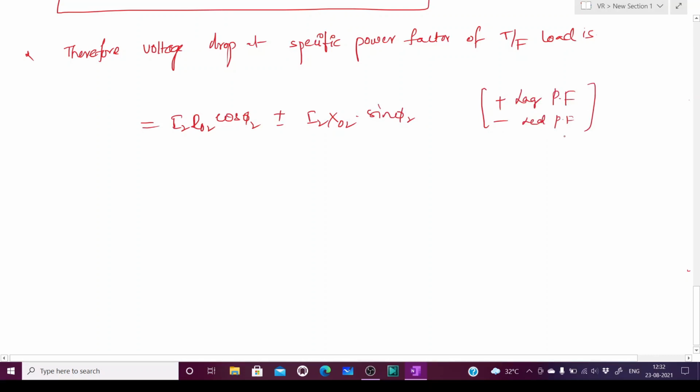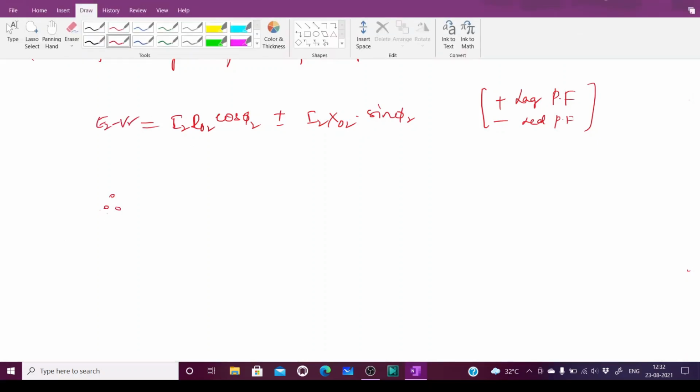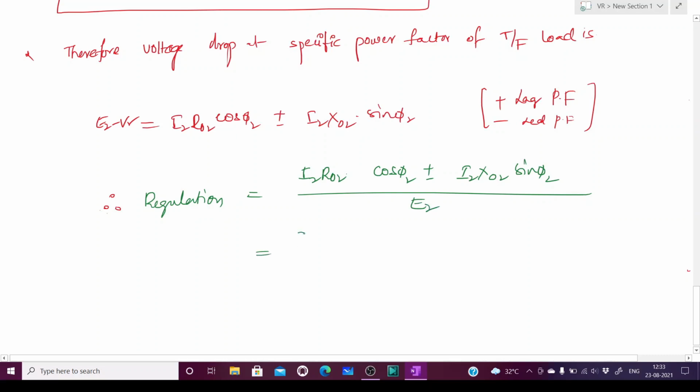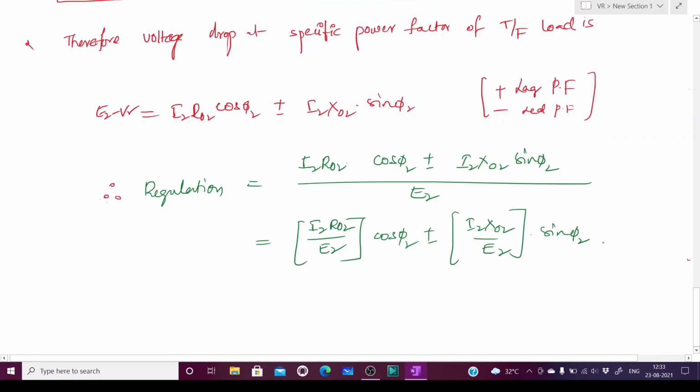So I am concluding here. Regulation can be written as E2 minus V2, and the voltage regulation is I2 R02 into cos φ2 plus or minus I2 X02 into sin φ2, by E2. Writing individually, I2 R02 by E2 into cos φ2 plus or minus I2 X02 by E2 into sin φ2.